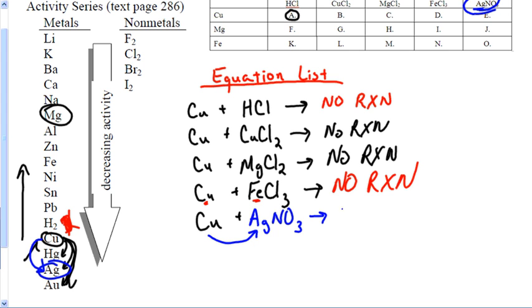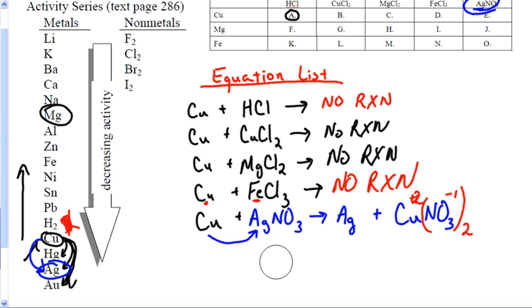So on the other side, silver's going to be all by itself. And the copper takes this NO3. It trades places. Now we need to do something. Copper is a +2, NO3 is a -1, which means we need a parenthesis 2 on this to complete that reaction.